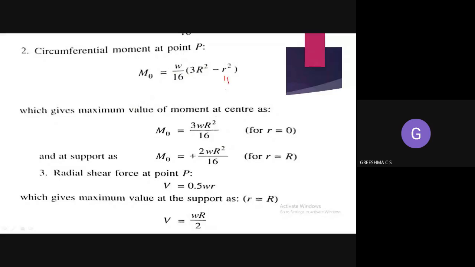You'll get the answer like this: M theta is equal to 2wR square divided by 60.